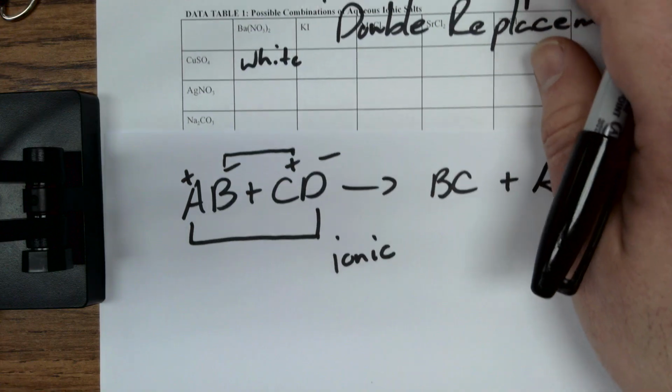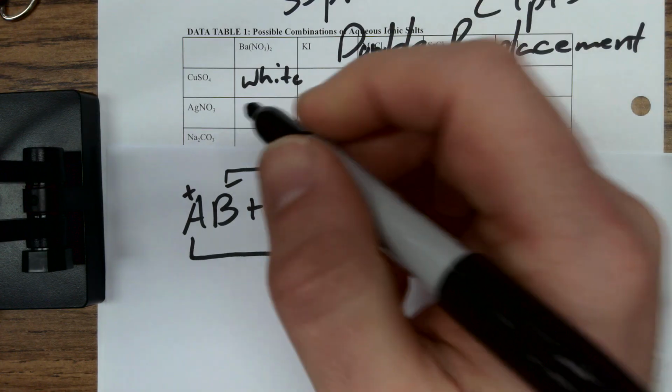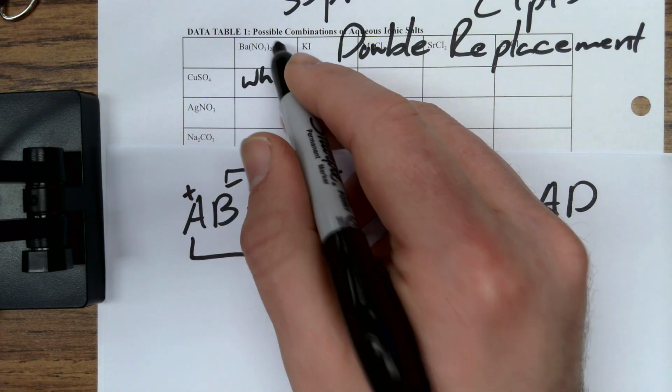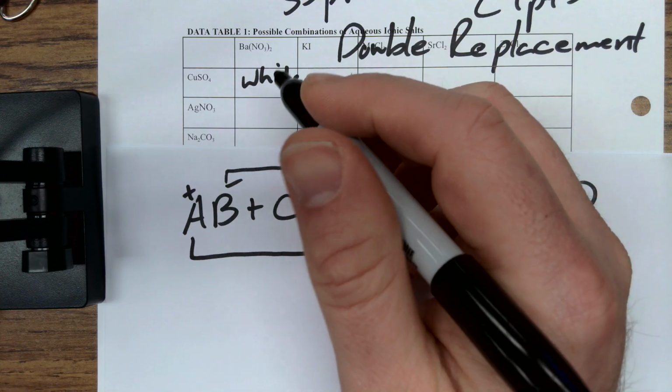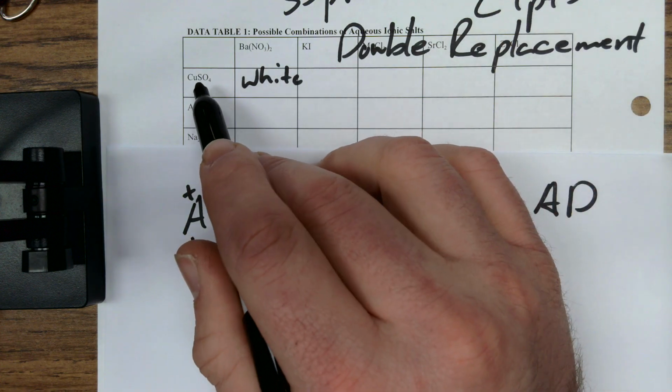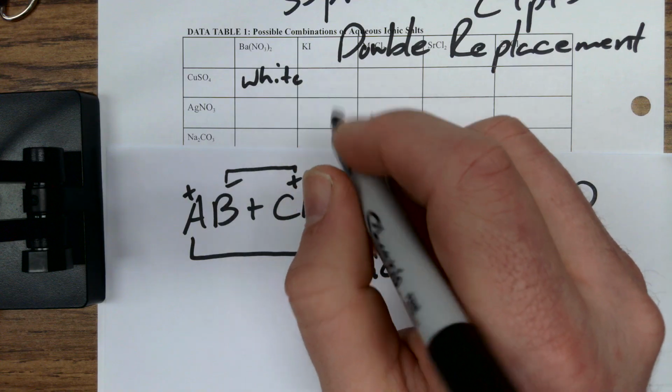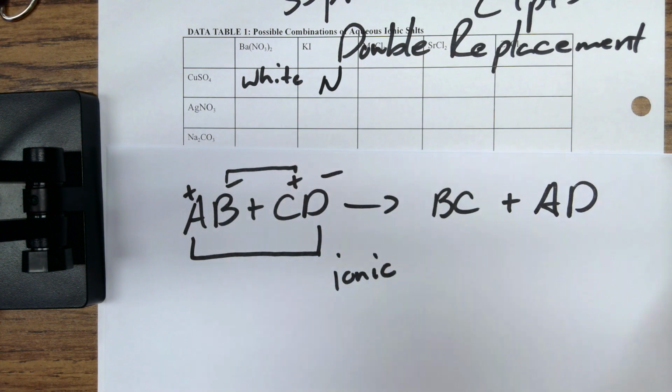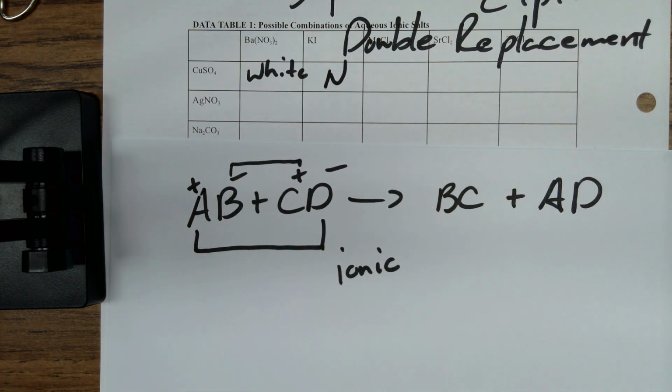So on my table, I know that when I added copper sulfate and barium nitrate, I saw a precipitate. It was like a whitish powder. I know when I combined copper sulfate and potassium iodide, I got no precipitate. I got a change in color, but I didn't see any solid material floating in my liquid, right?